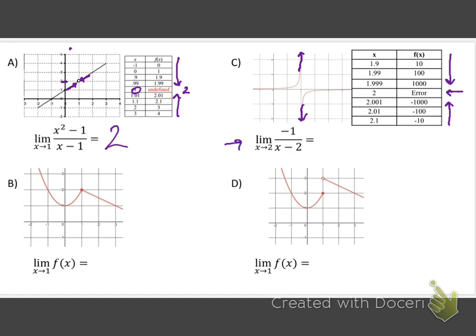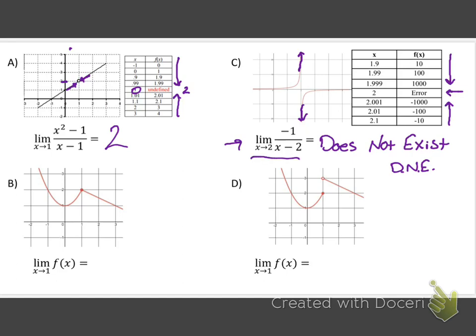And because those are approaching different things, we say that this limit does not exist, or DNE is something you can shorthand that with. And what that says is, again, this function, as we go to x equals 2, we've got a problem.